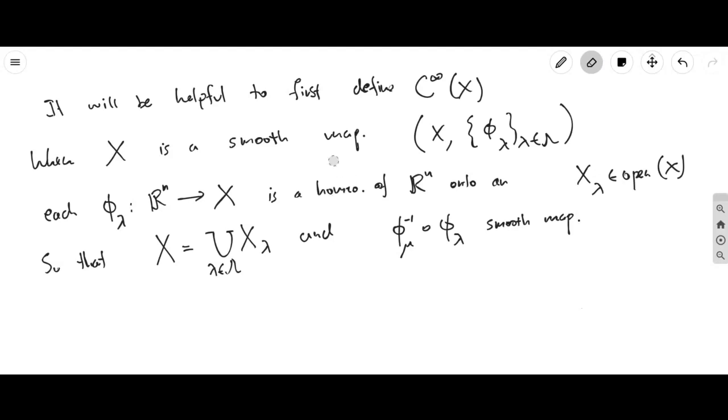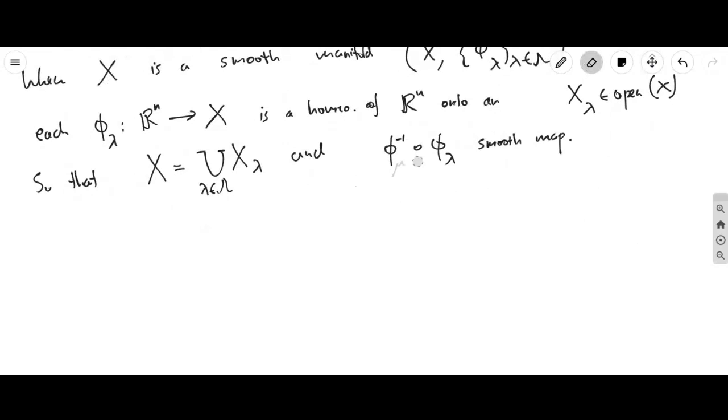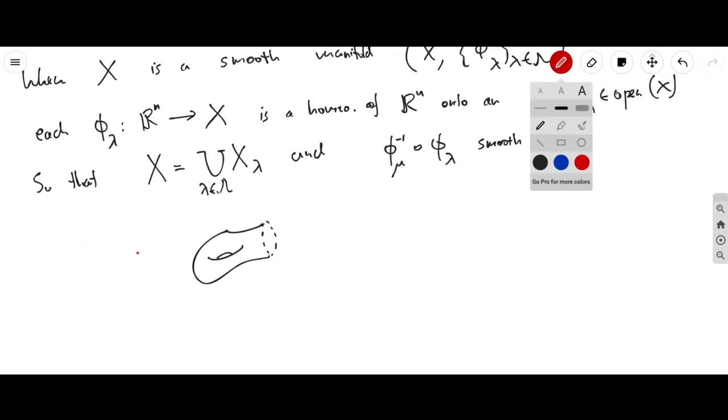Okay. I meant to say smooth manifold. So let's just go over that part again, what we mean by this. What we mean by this is that we have some kind of manifold over here, and we're mapping Rn.